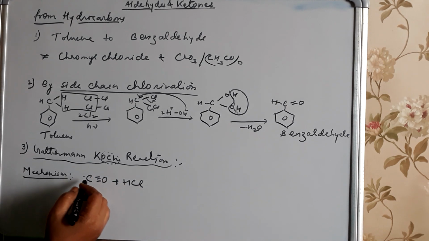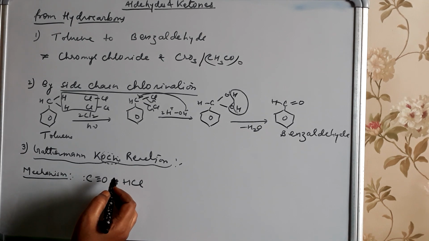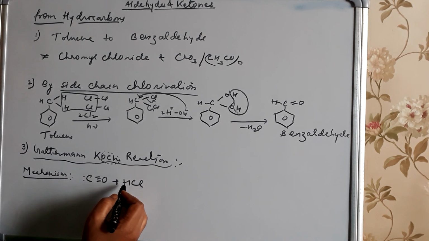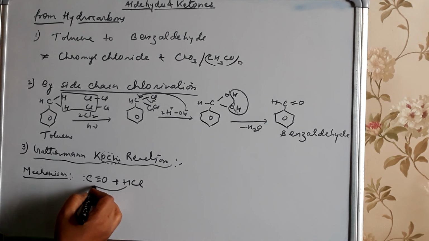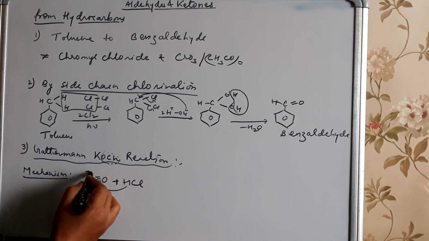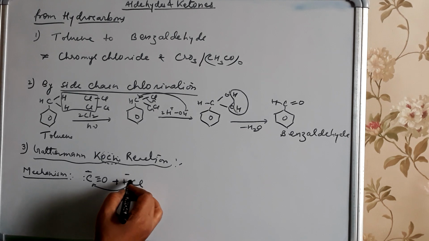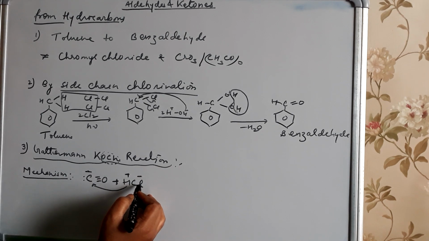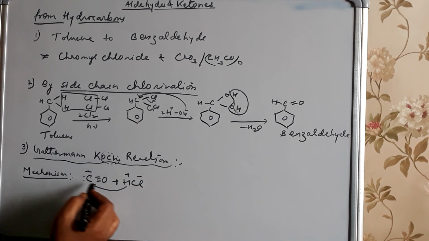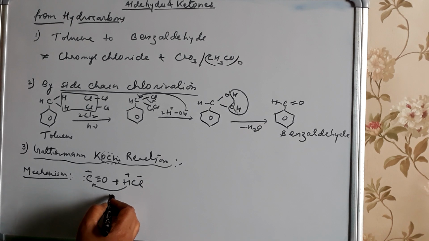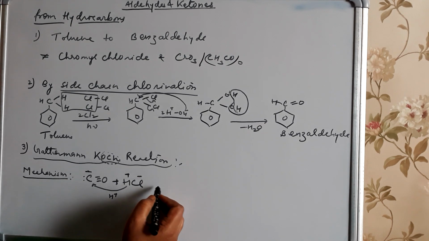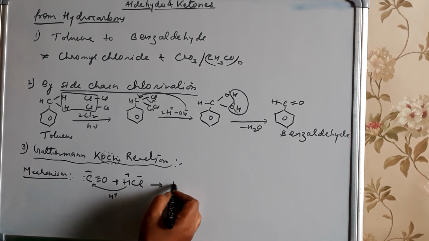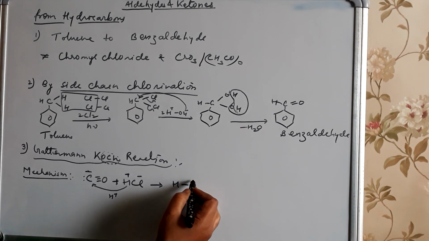We know that structure: carbon acquires negative charge and the Cl acquires negative charge because chlorine is more electronegative than hydrogen. So H plus is taken by carbon. And see here what happens.